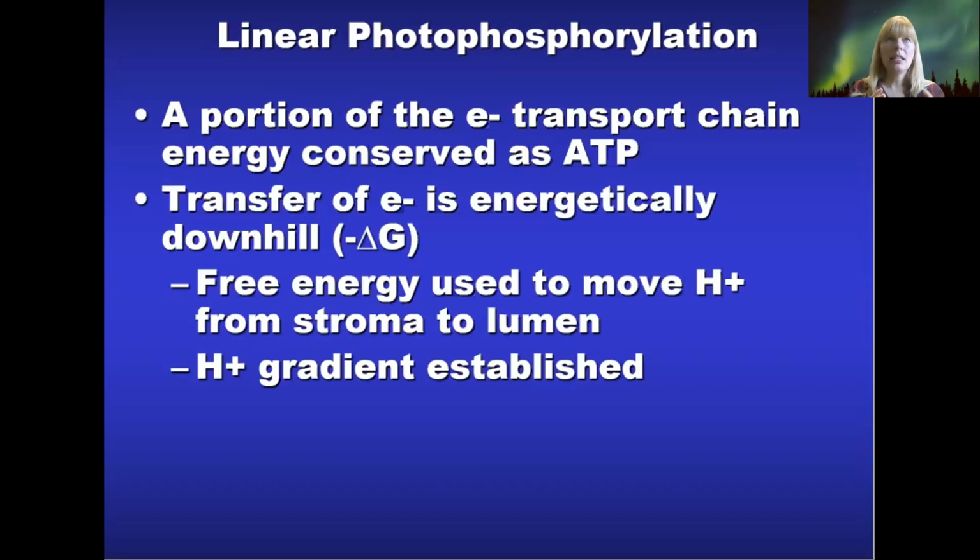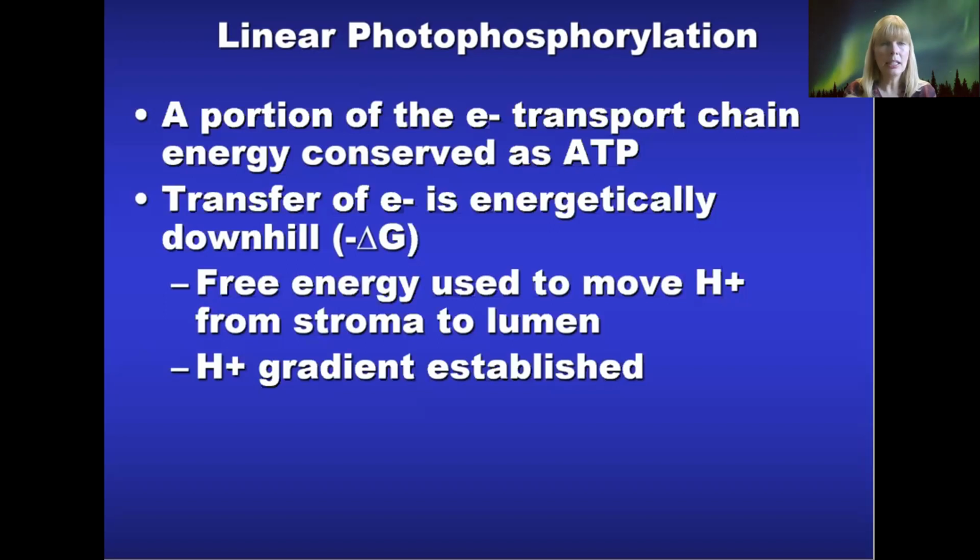And so that's why I tend to say, when you see an electron transport chain process happening in a membrane system, chances are you're linking that to a proton gradient. That's not unique to the light reactions of photosynthesis. That's also happening in our mitochondria and in the plant's mitochondria.